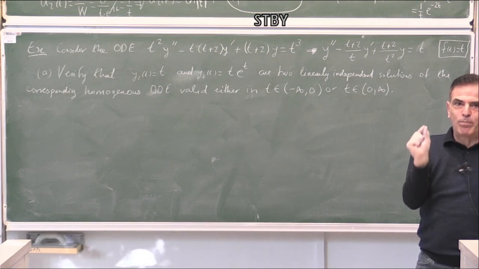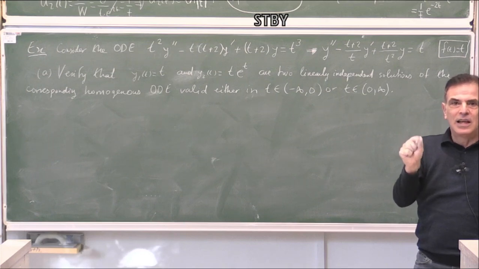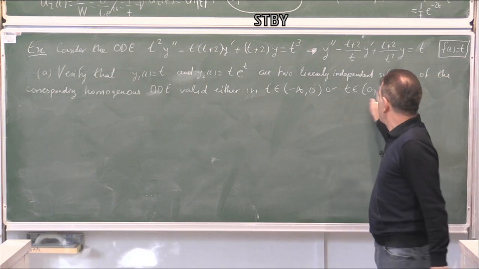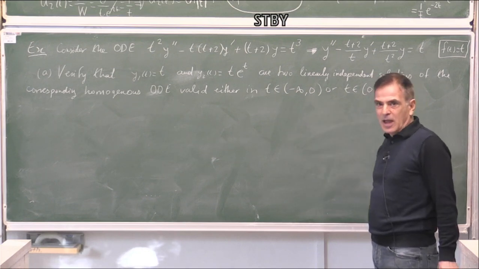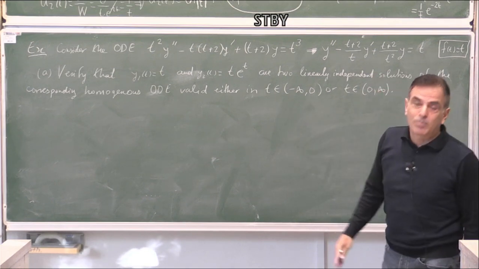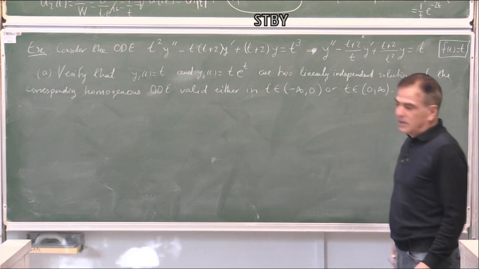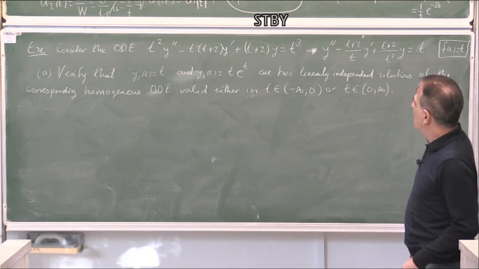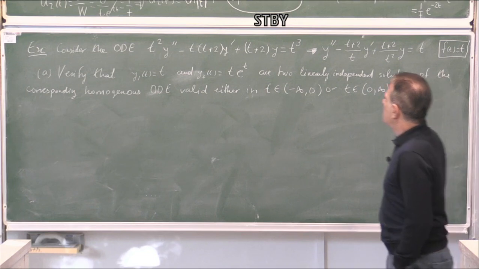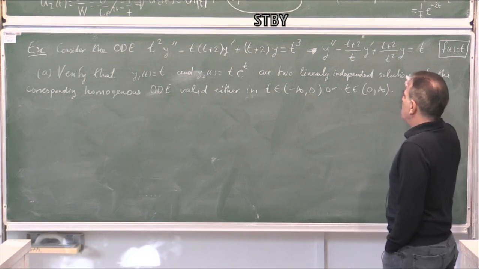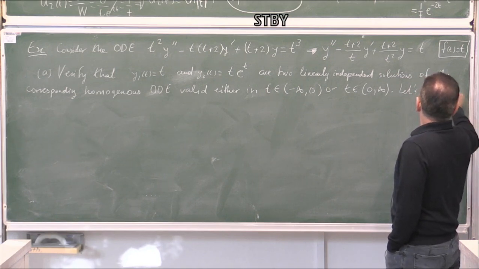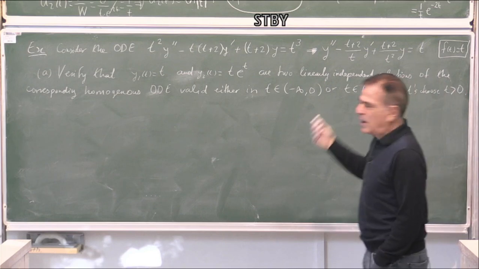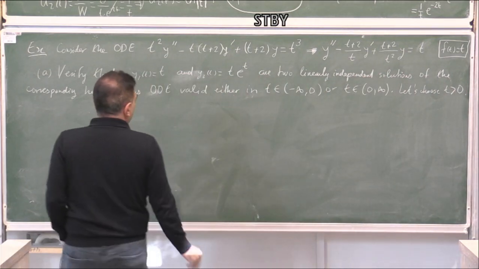And the largest possible t interval is either 0 to infinity or minus infinity to 0. Okay? Which is suggested by the general theory of linear ODEs. For simplicity, let us choose this interval, t positive, without any problem.